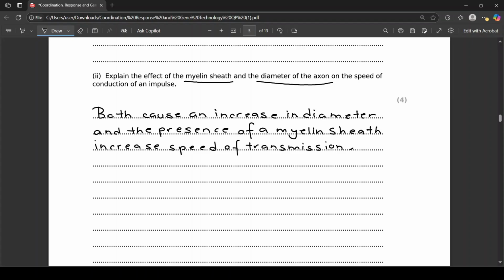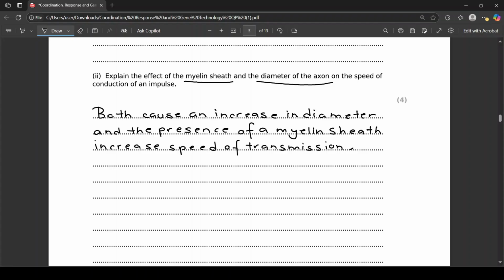So when we increase the diameter and when we increase the presence of myelin sheath around the neuron, both can increase speed of transmission. Okay, please memorize these points because this kind of question comes often in the exams. Okay, now let's talk individually, like how myelin sheath affects the speed and how the diameter affects the speed.